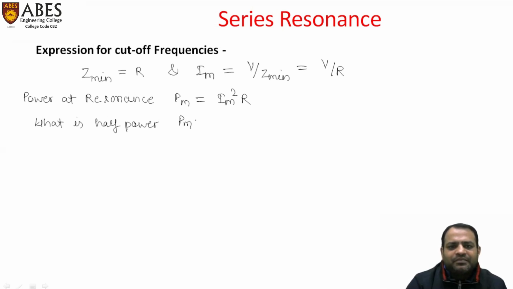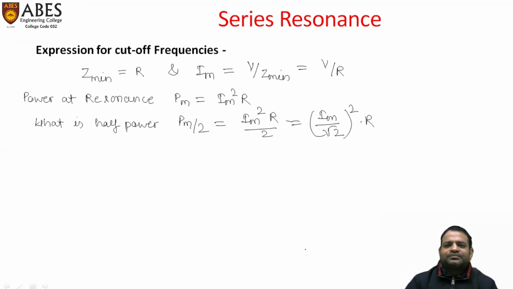So Pm by 2 is Im square R by 2, or we can say Im upon root 2 whole square into R. So if we are comparing power at resonance and at half power, the current I is Im upon root 2.